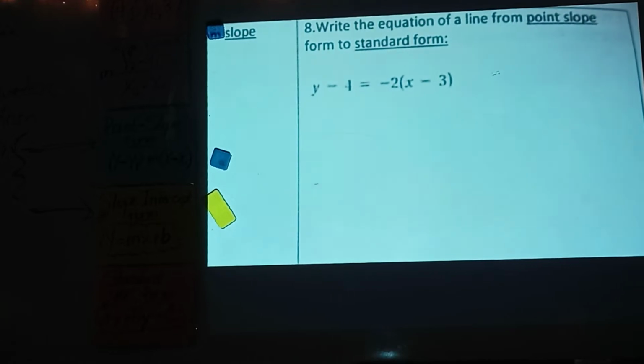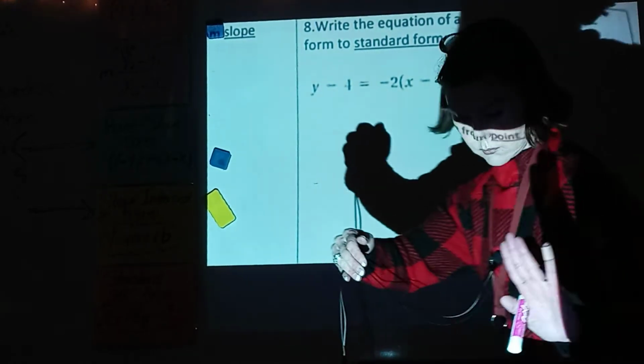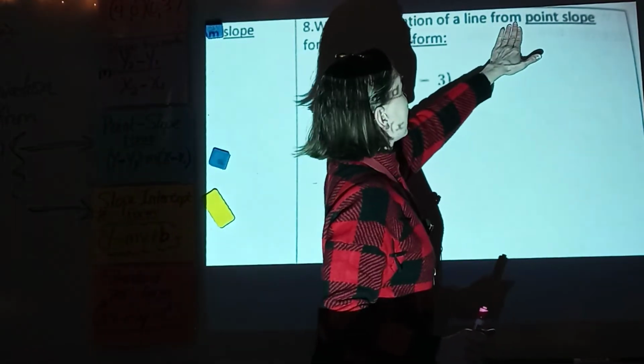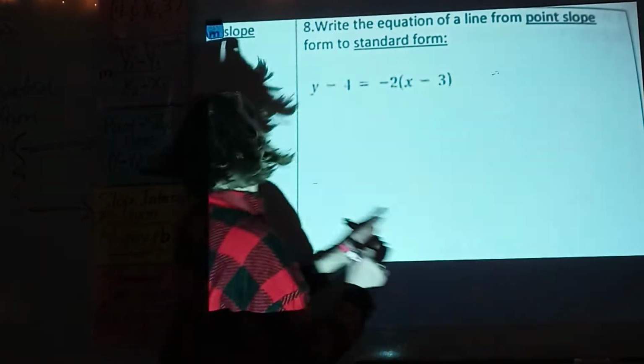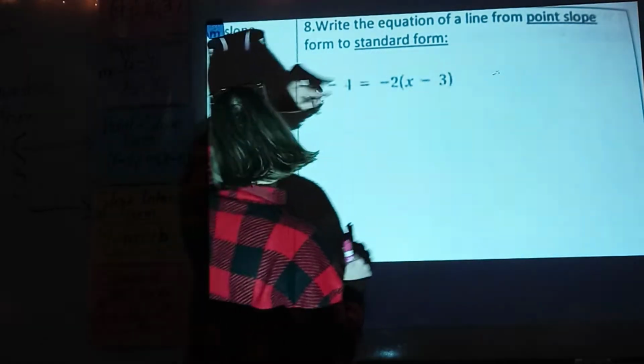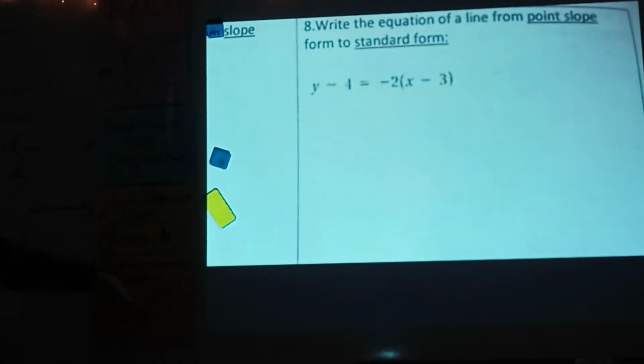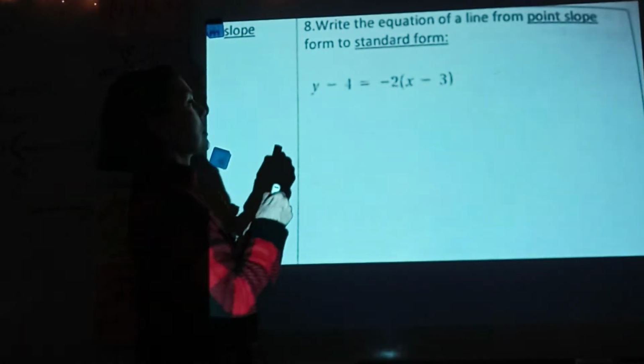Okay, guys, write the equation of a line from point-slope to standard. So we have to go through slope-intercept to get to standard. Step 1, solve for y.